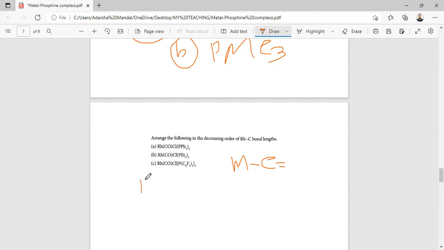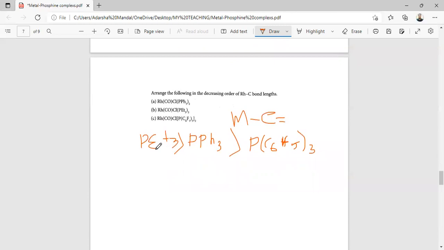Between these, PEt3 has more sigma donation property compared to PPh3 and compared to P(C6F5)3. So with more electron donation when PEt3 is present, there will be more back donation from the metal to carbonyl, and that will shorten the metal-carbon bond.